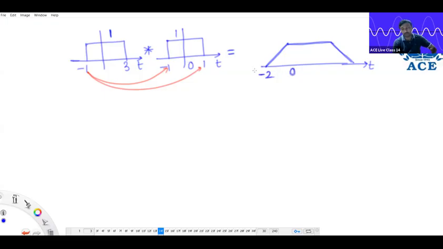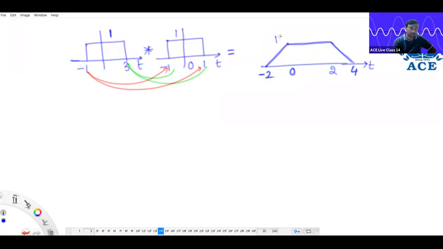First -1 plus -1 is -2. -1 plus 1 is 0. Next, 3 plus -1 is 2. 3 plus 1 is 4.